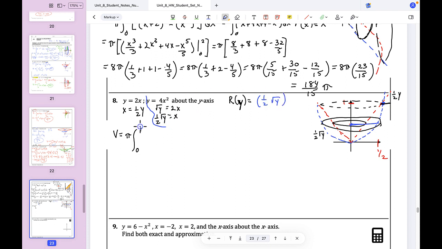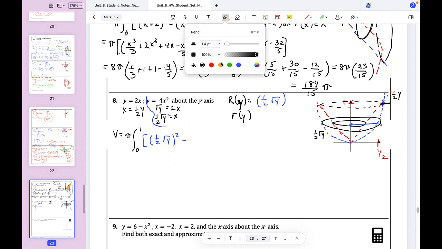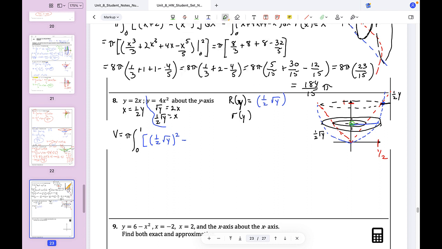So this is Ry squared, so it's 1/2 square root of y squared, minus little ry, that's the linear function, which is 1/2 y.